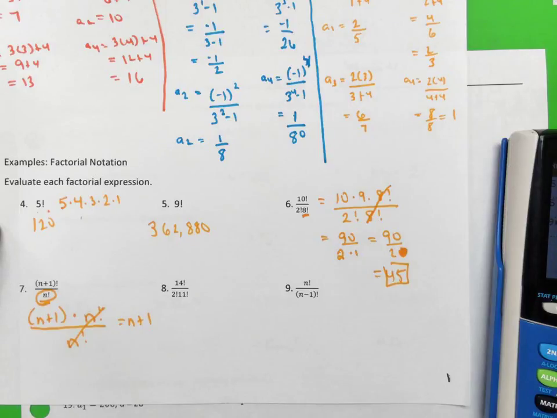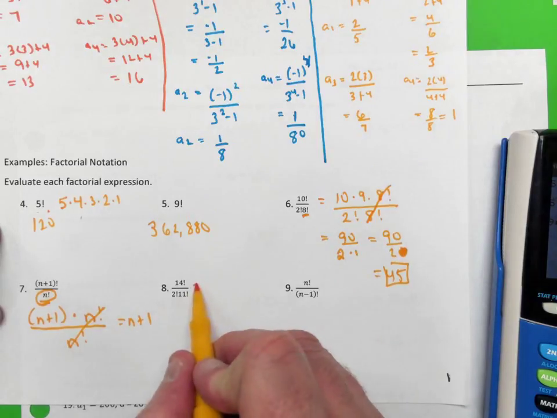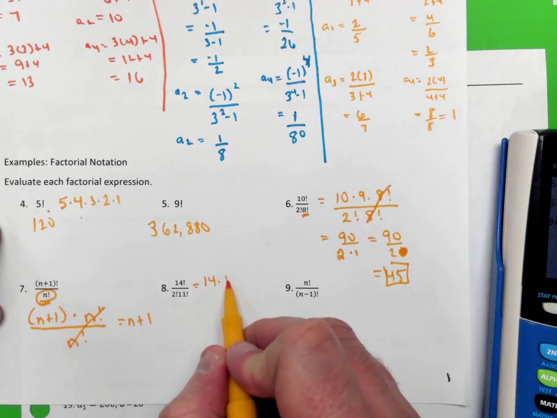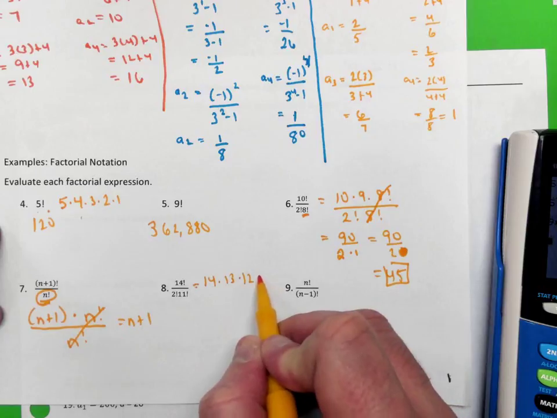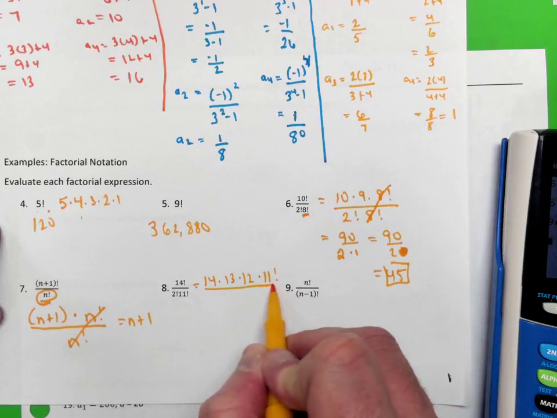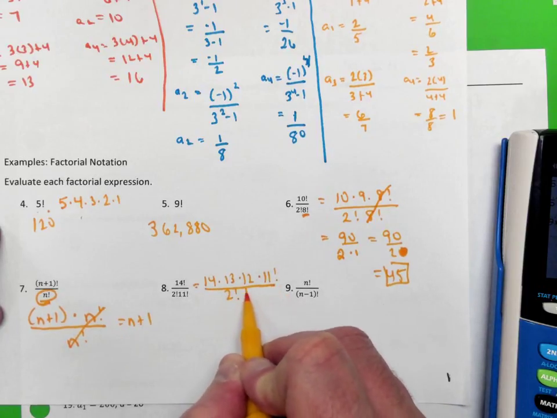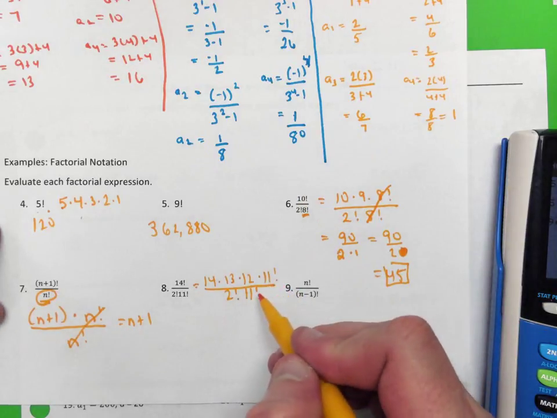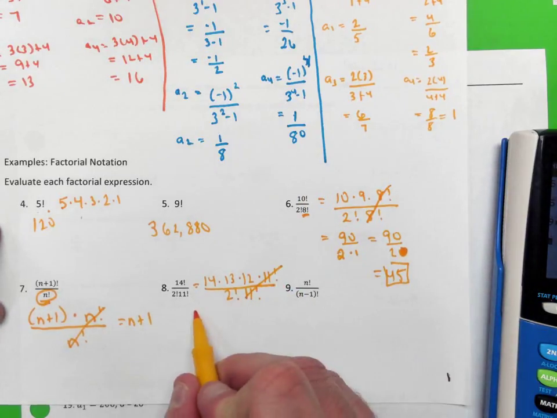All right, 14 factorial. Okay, let's see what we got. 14 factorial and 11 factorial. Well, I want that 11 to cancel out. So what I can do is write this 14 times 13 times 12 times 11 factorial all over 2 factorial times 11 factorial. That allows me to cancel those 11 factorials out.